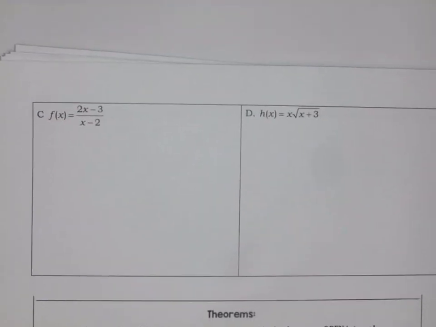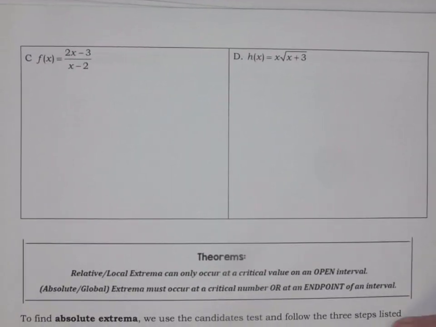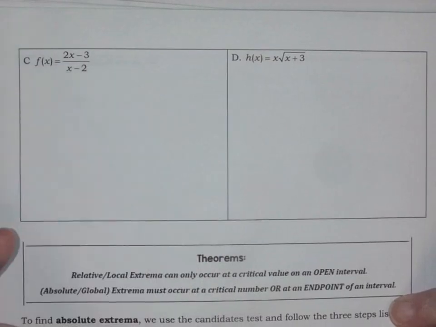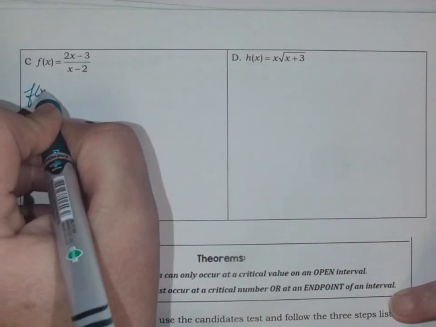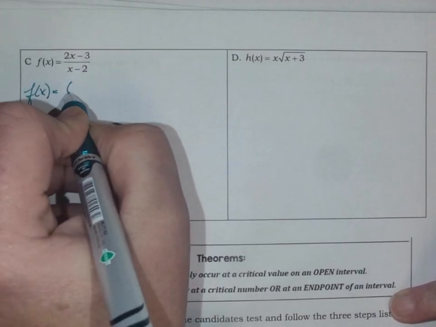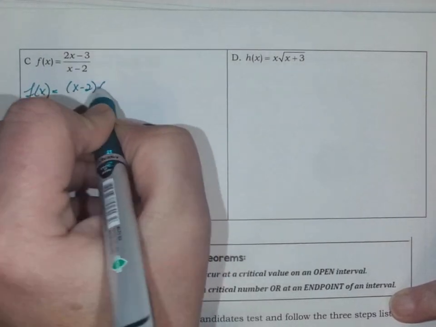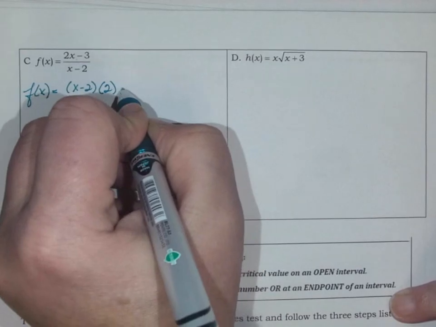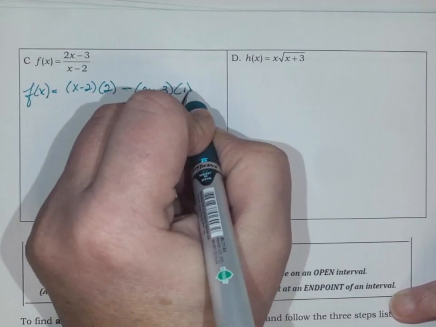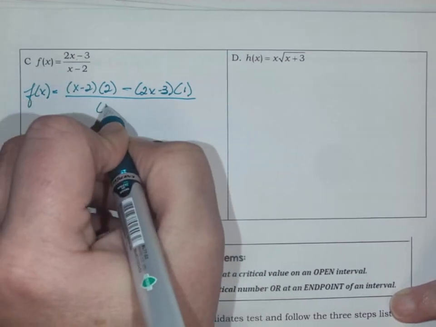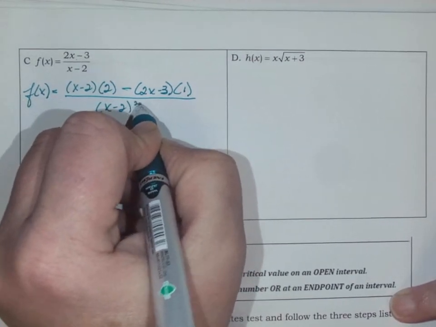So now we've got functions that are a little bit more complicated. So we're going to do the derivative of f. We're going to have to use the quotient rule. So f of x is equal to 2 d1, so that would be 2, minus 1 d2 over x minus 2 squared.